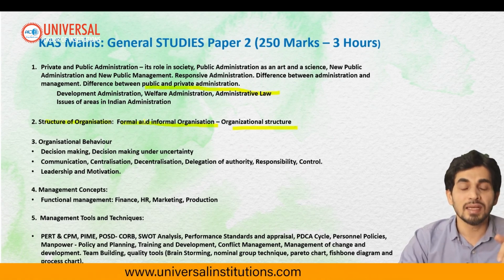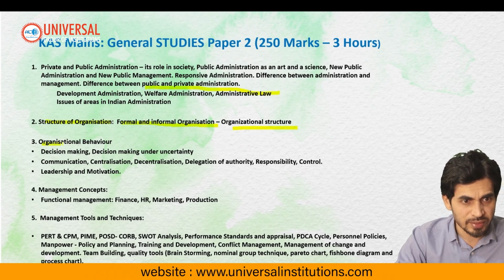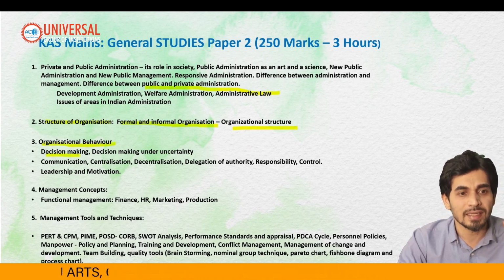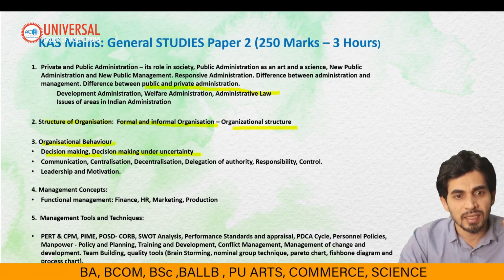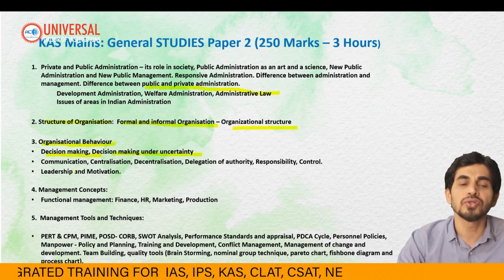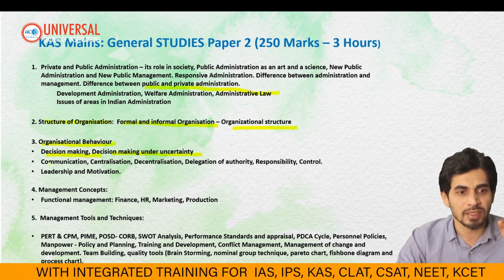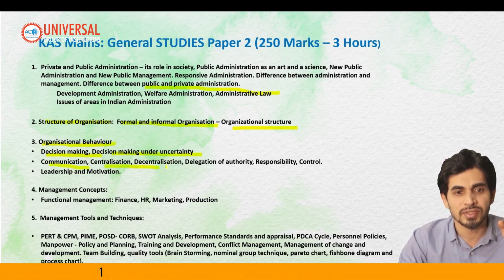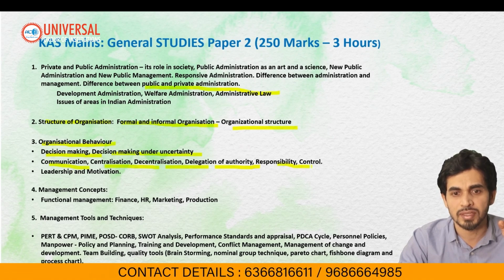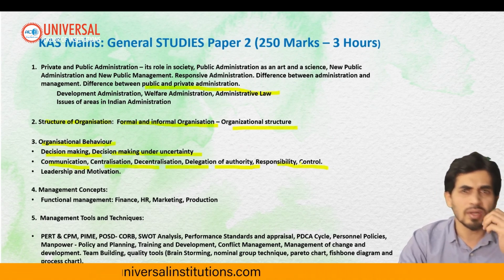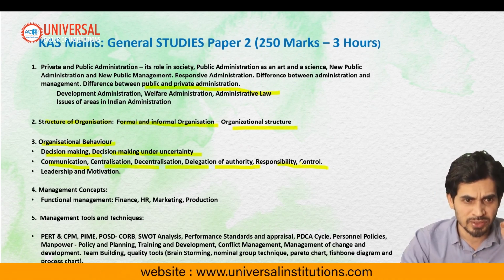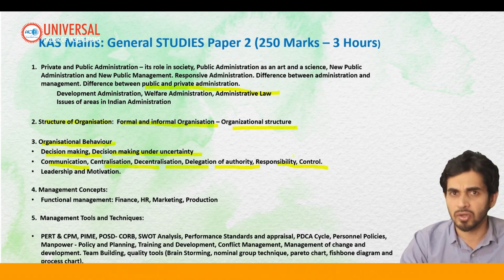Okay, then comes organizational behavior. Under this you should add decision making under uncertainty, and also you can add behaviors with regard to communication, centralization, decentralization, delegation of authority, responsibility and control. These are all related to behaviors of individuals, and it should be coming under organizational behavior.